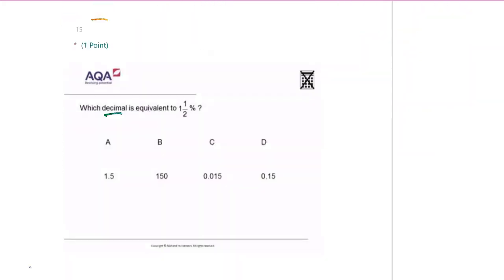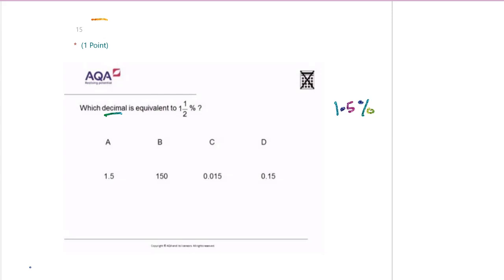Right, next question. Which decimal is equivalent to 1.5%? Well, this is a little bit tricky because I've got a percentage here, but they're asking me to answer in a decimal. You're best off in this situation to write 1.5% as a decimal.